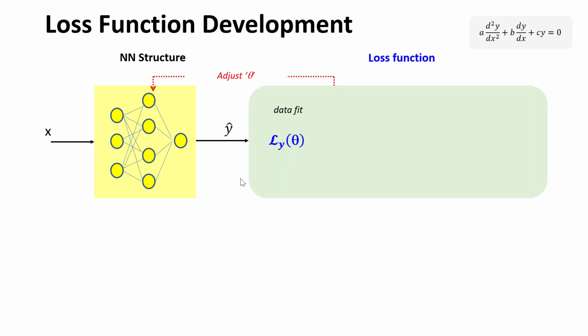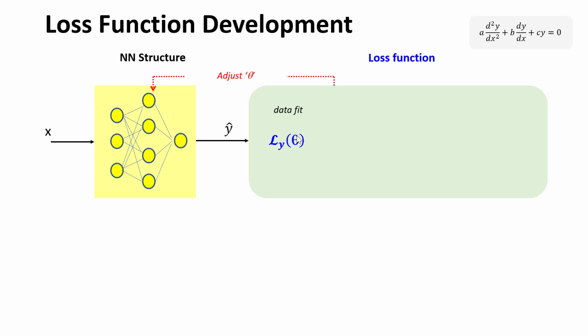This is actually very cleverly solved by creating a custom loss function. In a typical loss function, we have L of theta, which is essentially a difference between y and y hat. And that loss is minimized to generate new weights and train the neural network.